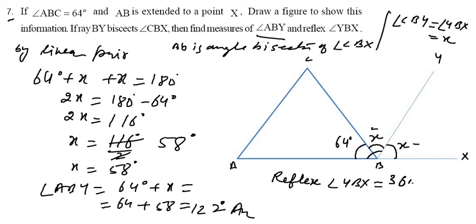It is 360 minus X. So that is 360 minus X, which is 58. Now subtract this. So 10 minus 8, that is 2. And here is 5, 5 minus 5, that is 0. And here is 3. So 302 is the reflex angle of this one. So that is your answer.